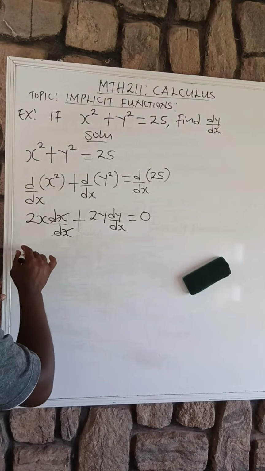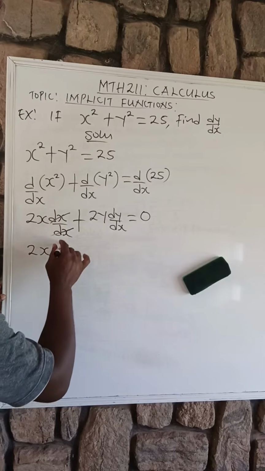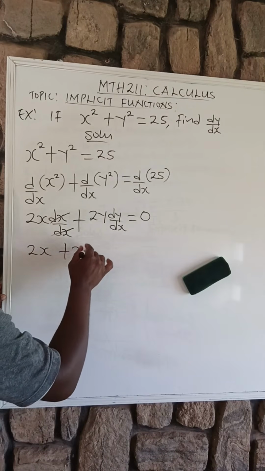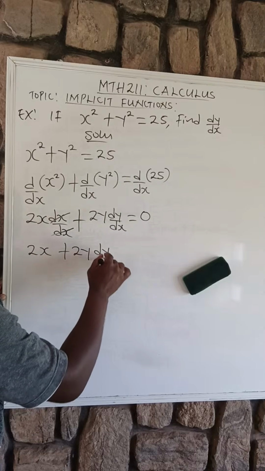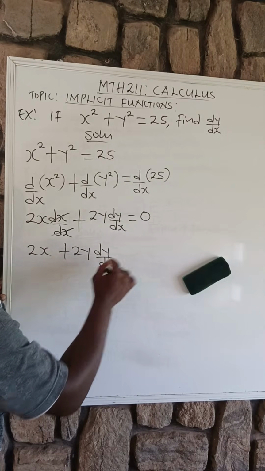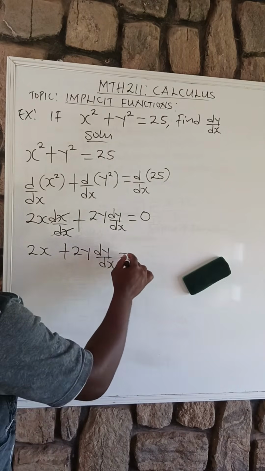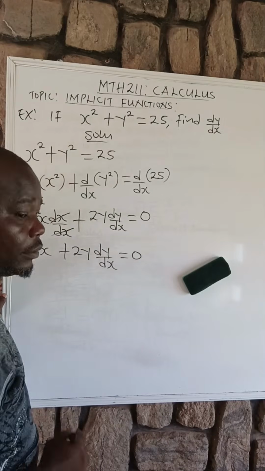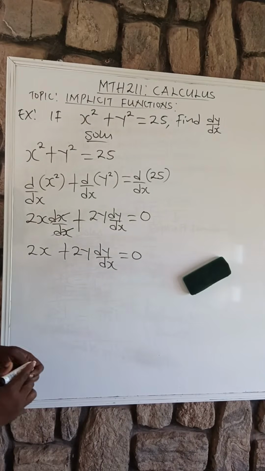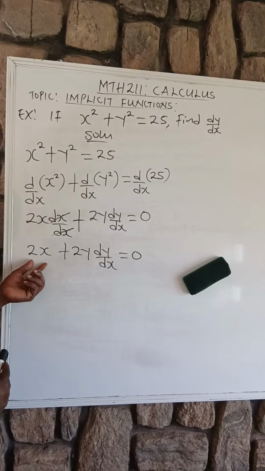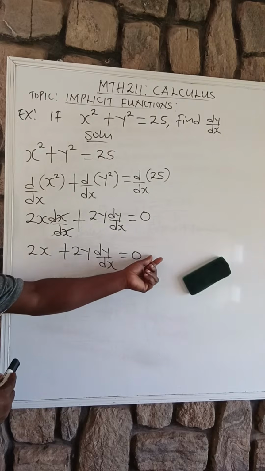So here will now be 2x plus 2y dy all over the dx equals to 0. Amen? Okay. So now, look at it. What we need to do here is we have to take this to this right hand side.